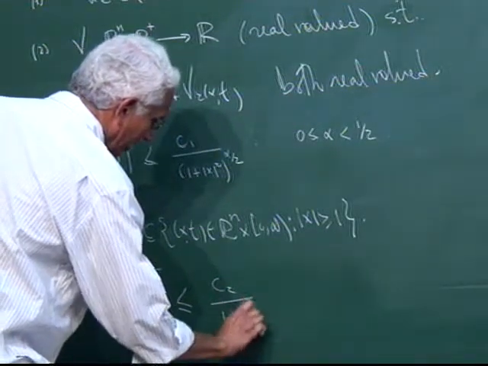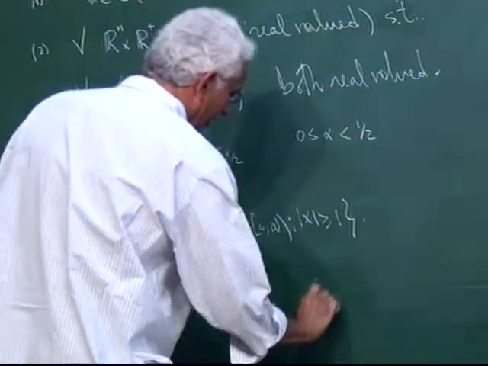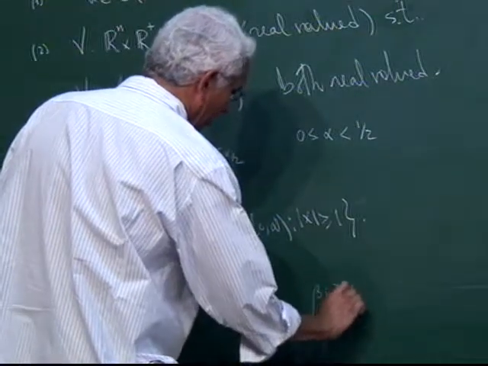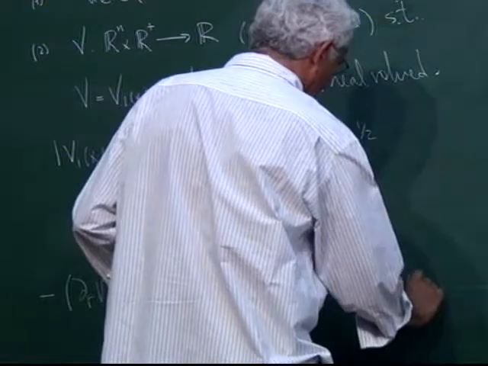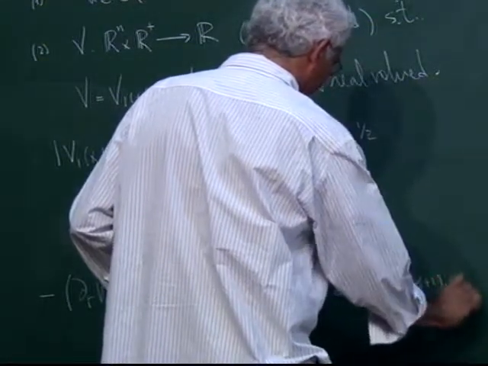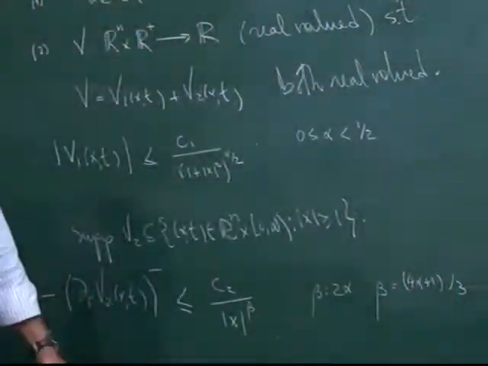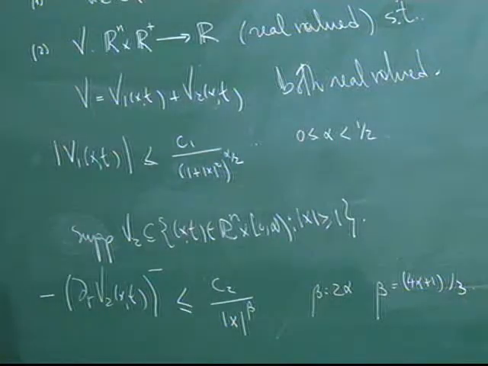Okay, and we are going to decide if the number beta should be 2 alpha or beta should be 4 alpha plus 1 over 3. One of the two. I mean, in the proof we will do it. I couldn't decide when I was doing the proof.